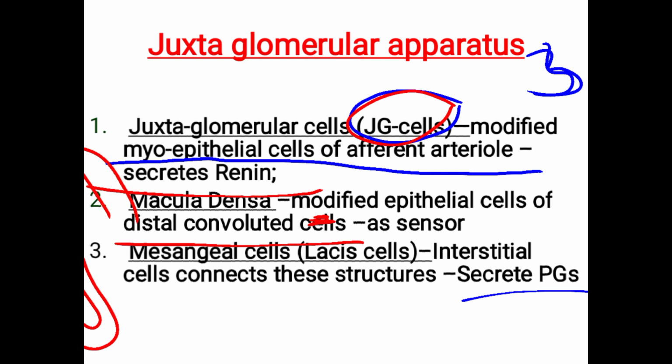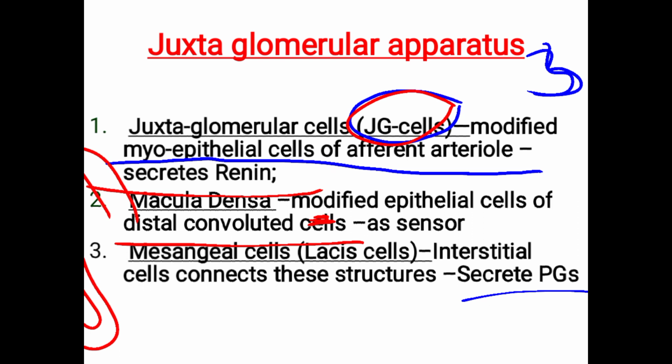Juxtaglomerular apparatus is a specialized structure in the kidney, composed of three different types of cells. The first one is the juxtaglomerular cells, modified smooth muscles of the afferent arteriole that mainly secrete renin.